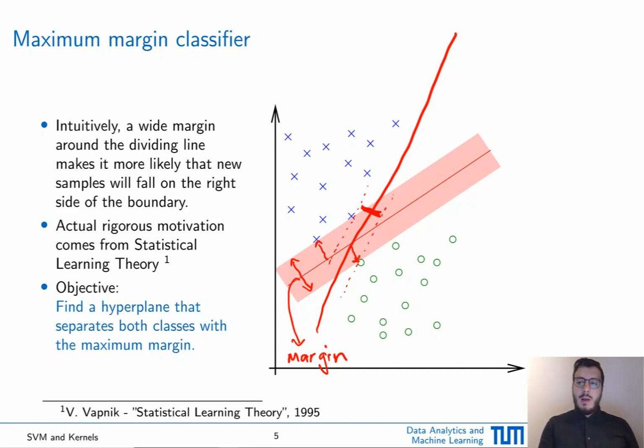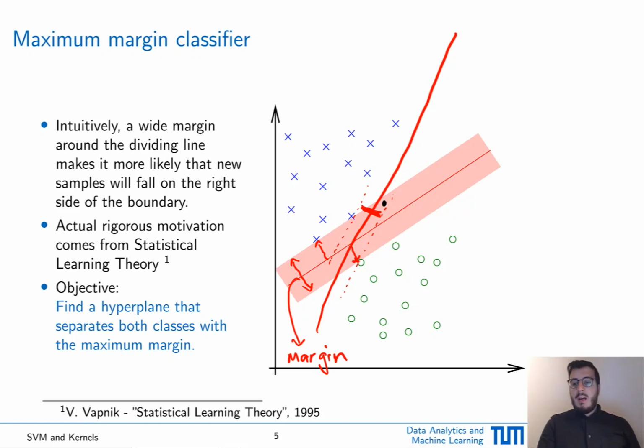Well, let's see what happens if we're trying to classify a new data point. Let's say the new data point is somewhere here. Using the old classifier, this one, we would classify the data point as blue because it's above the hyperplane. But using this new hyperplane, this data point will be classified as green because it's below the hyperplane.